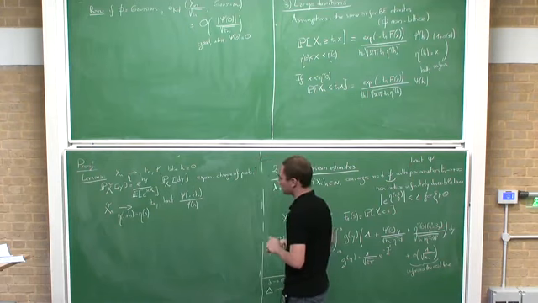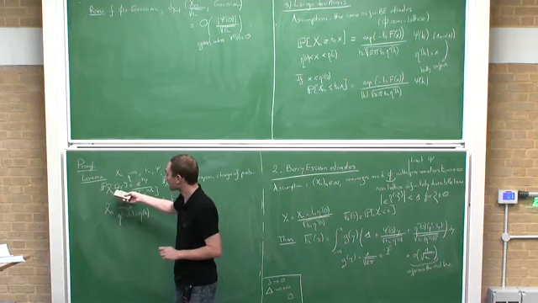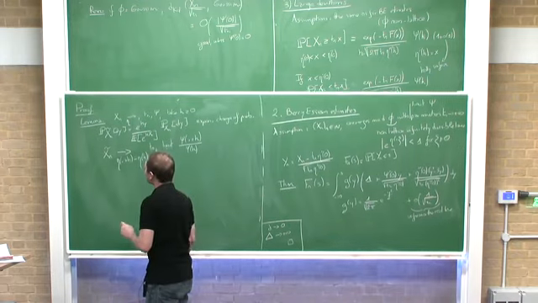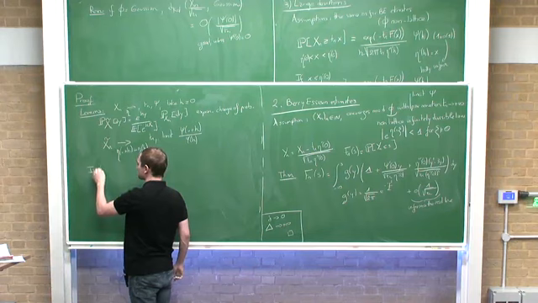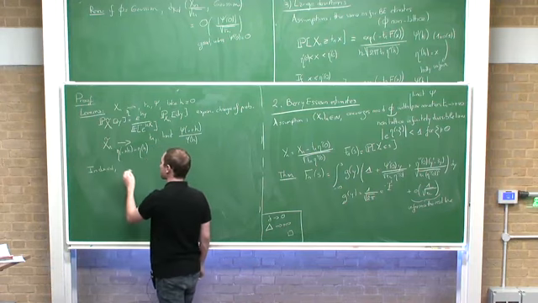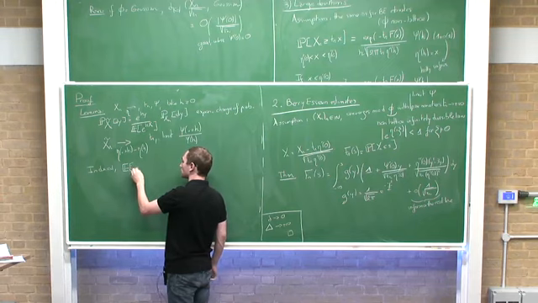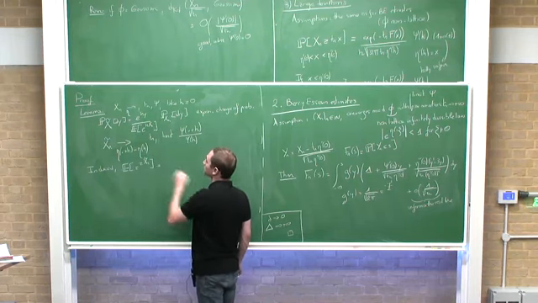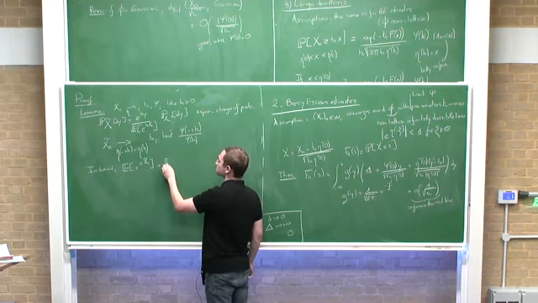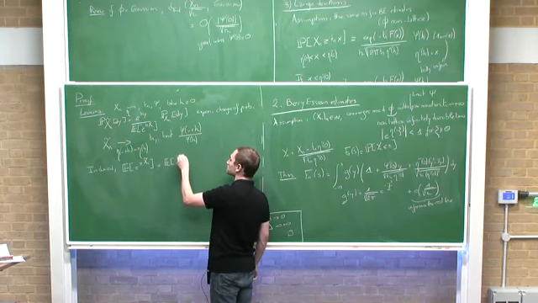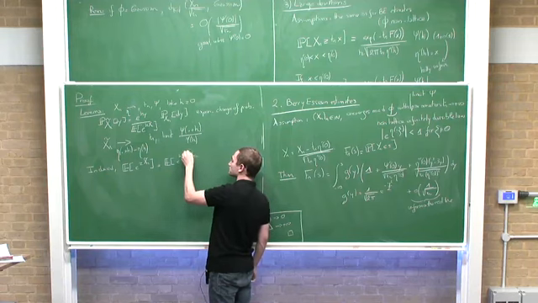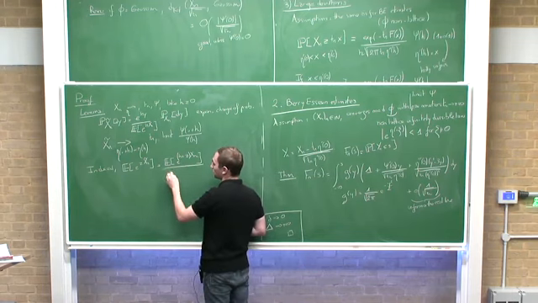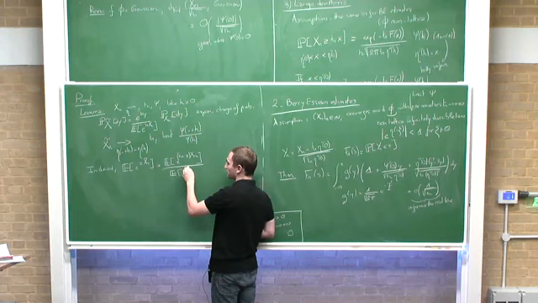And why is that? Well, it's easy. We just have to compute the Laplace transform of xn tilde. If I compute this quantity, this is equal to this shifted Laplace transform divided by the Laplace transform at h.